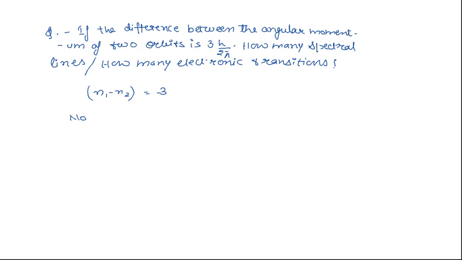So the number of transitions will be equal to 3 into 3 plus 1 by 2, and that is equal to 3 into 4 by 2. That comes out to be 6. So this is the simplest way we can do such sort of questions.